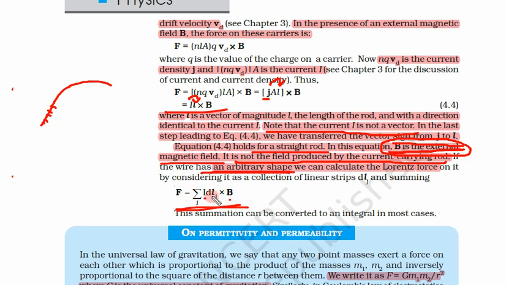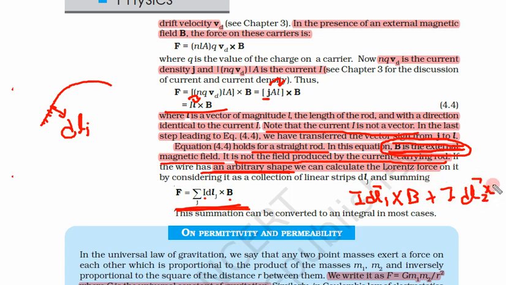These small pieces are dL j, with summation over j. So it would be I dL1 cross B plus I dL2 cross B, and so on. So for an arbitrary shape which is not straight, we do this summation.